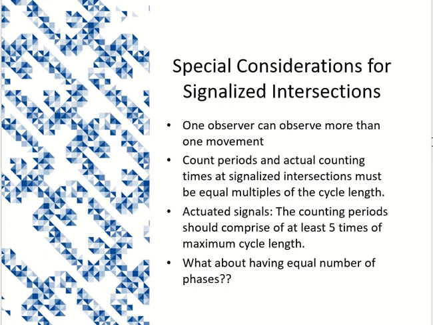Clear? Now this can happen very easily if the cycle length is fixed. The signal takes the same time to go from red to red throughout the hour, no problem. But there are some signals which have sensors attached to them.